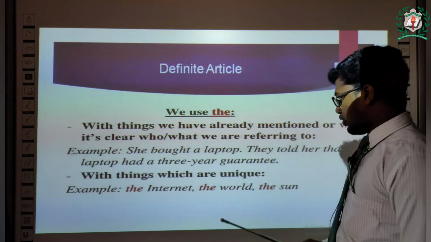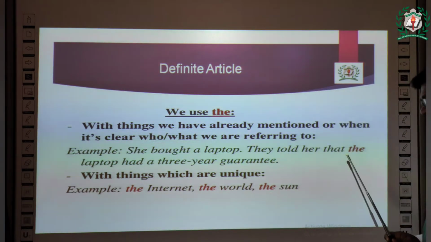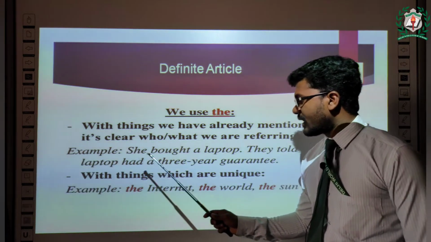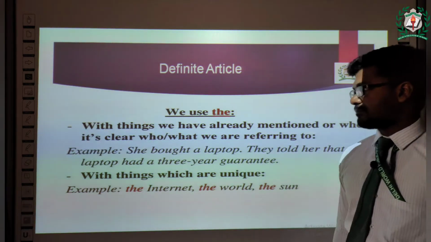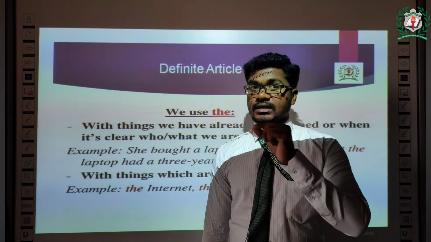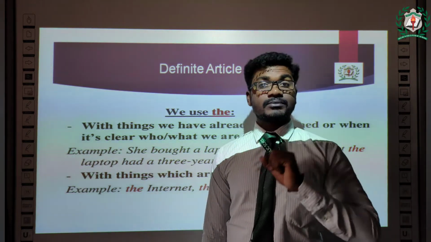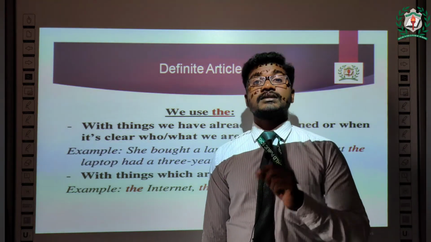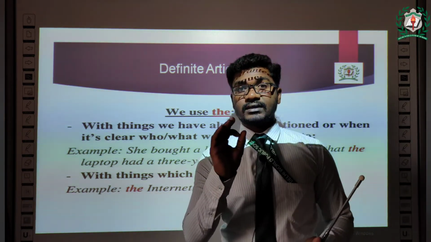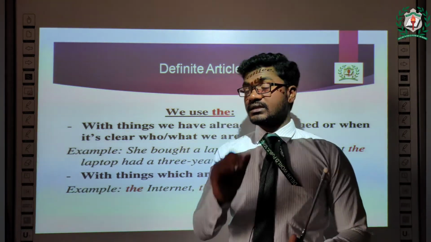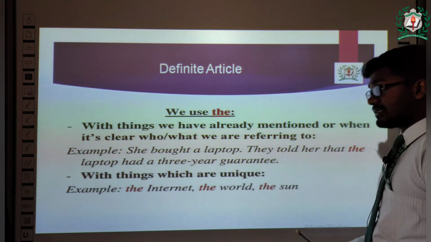For example: She bought a laptop. They told her that the laptop had a 3-year guarantee. So they know about the laptop, and when she bought it, they said it has a 3-year guarantee.